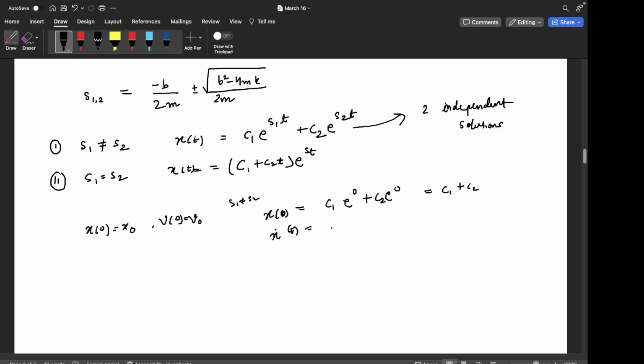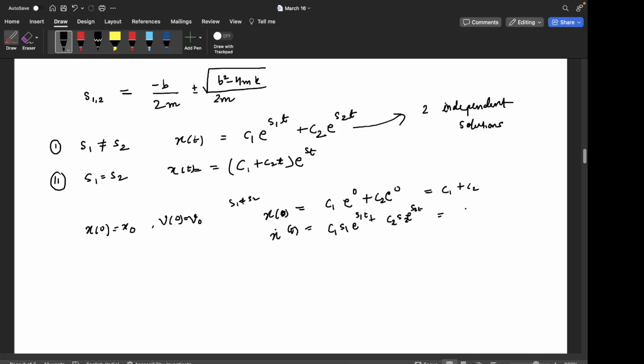And x dot t is C1 S1 e to the power S1 t plus C2 S2 e to the power S2 t.